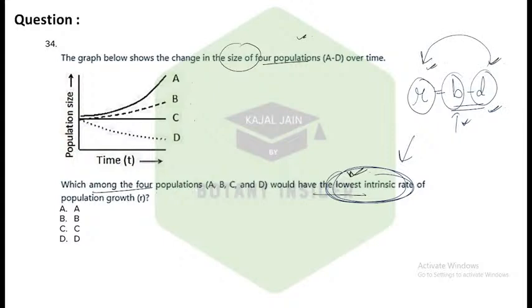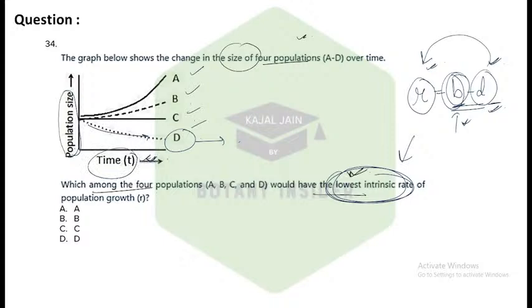We need to find out which of the following has the lowest intrinsic rate. That means in which of them there is a higher death rate as compared to the birth rate. In a simple manner, it is asking this. So even without giving it a second thought, you could have marked option D, because the population size is decreasing with time.